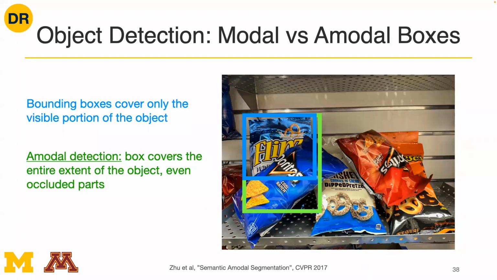For instance, the blue bounding box is probably what we call a modal bounding box. It limits itself to the pixels corresponding to that particular object, in this case, flips. Whereas amodal detection is when your bounding box tries to cover the possible portion of this object in your image if there were no occlusion by other objects.